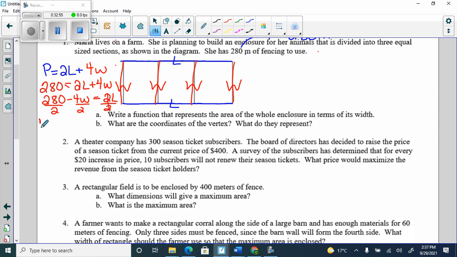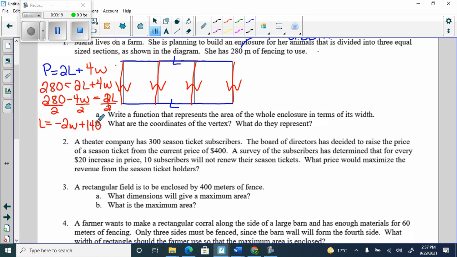So my length actually equals negative 2W plus 140. Just a bit more work, right? Then what do I go to next? Max area, right?